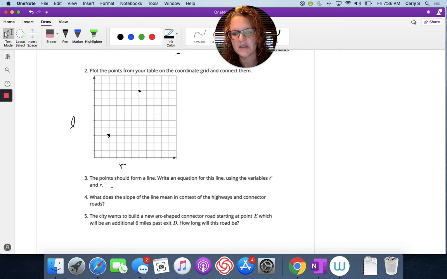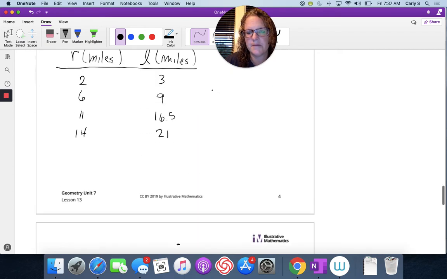Write an equation for this line using the variables L and R. So I can calculate slope: change in L over change in R. We'll just do 9 minus 3 over 6 minus 2. It's like change in Y over change in X. So that's 6 over 4, which is 3 halves, which is 1.5.